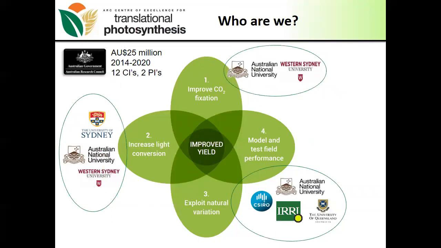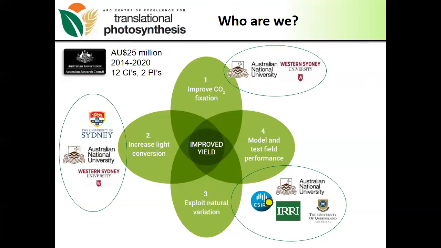Within our centre, we have 4 programs. The first one is improved CO2 fixation, which you can imagine is the one I'm heavily involved in. Then increased light capture, and then exploiting natural variation. This is where we're taking a mixture of transgenic approaches and natural variation, which we can have in a lot of our screening populations of sorghum, wheat, and also rice, where our industry partners are part of this.